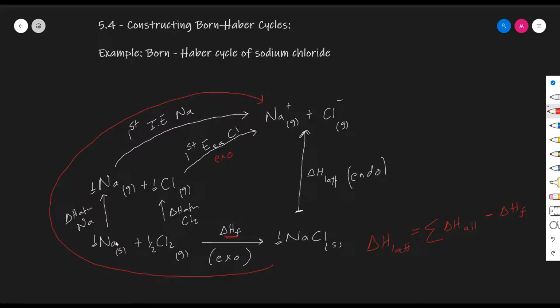And then I would draw an arrow towards my ionic solid which represents the enthalpy change of formation of 1 mole of the ionic solid from its elements, and then simply convert these elements into gaseous ions using the processes of enthalpy change of atomization, as well as first and second ionization energy, as well as first and second electron affinities, depending on the charges of the gaseous ions over here.